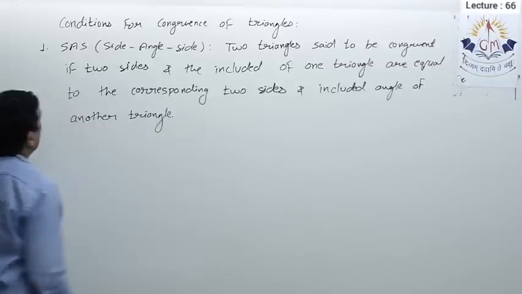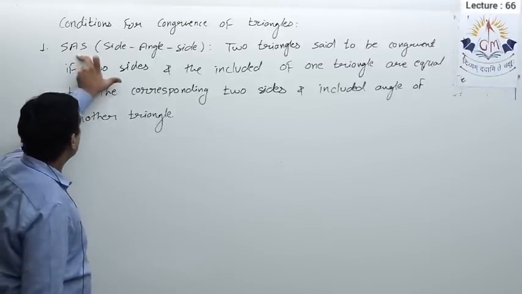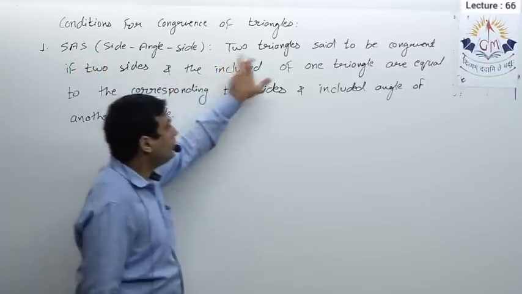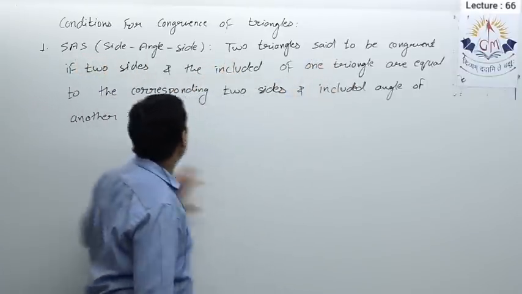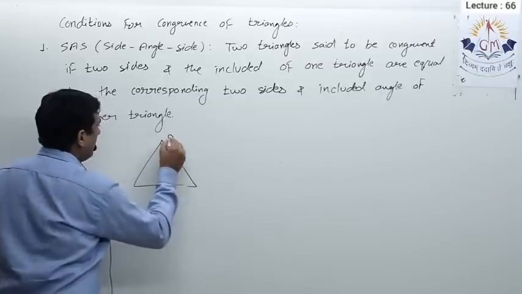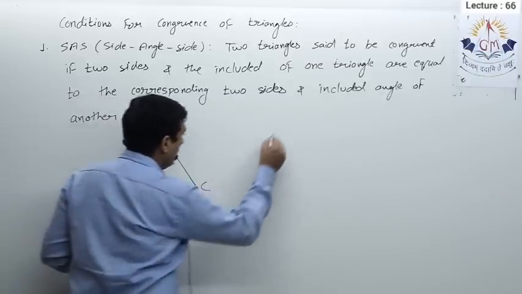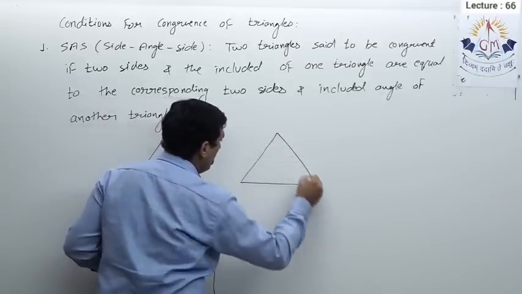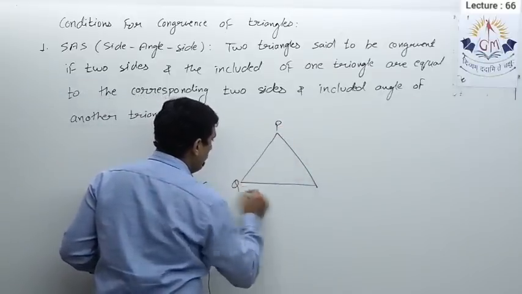This is the first criterion or condition. Side angle side: two triangles are said to be congruent if two sides and the included angle are equal. If I take two triangles, let one triangle be ABC and the other be PQR.